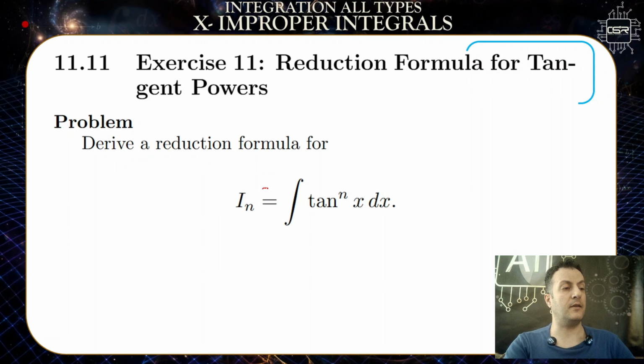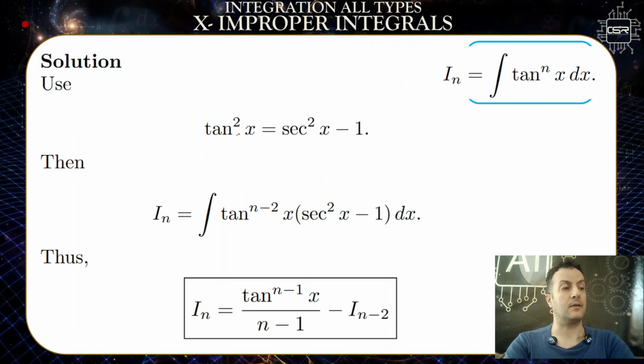Tangent powers, I_n equals the integral of tan to the power n x dx. So what does it resolve into? Now, tan squared x is equal to secant squared x minus 1. We know that.